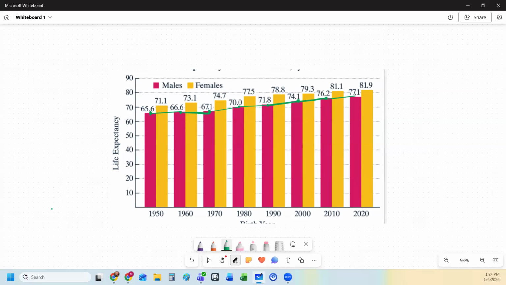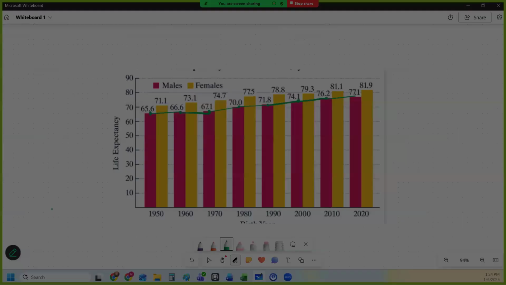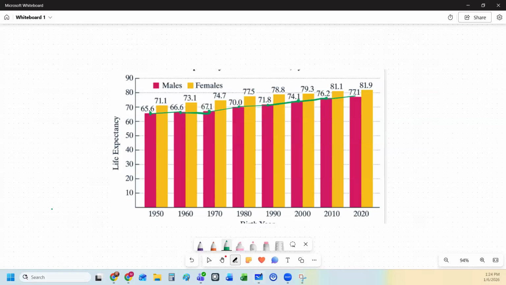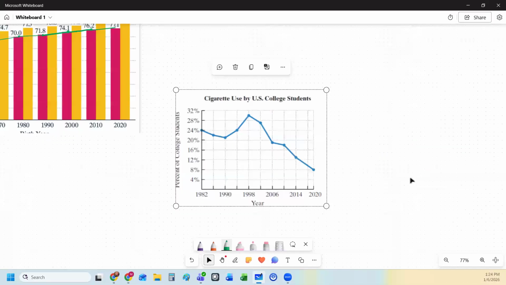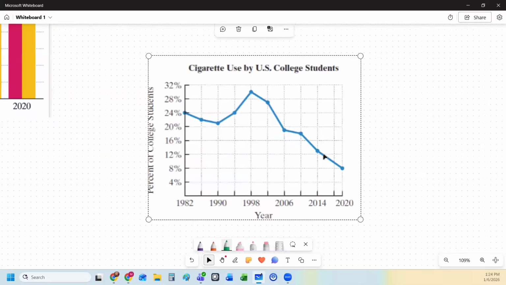And what we're looking at is then, rather than looking at all these bars, looking at the graph itself, we're just looking at that line. And sometimes those lines can be a little bit more crazy, but this is essentially that top line, and we get rid of all that bar graph below. And it's nicer to look at this. I can tell just by looking. In this particular case, this is cigarette use by US college students between 1982 and the year 2020.